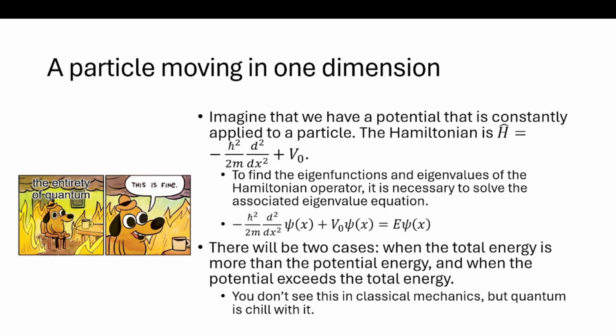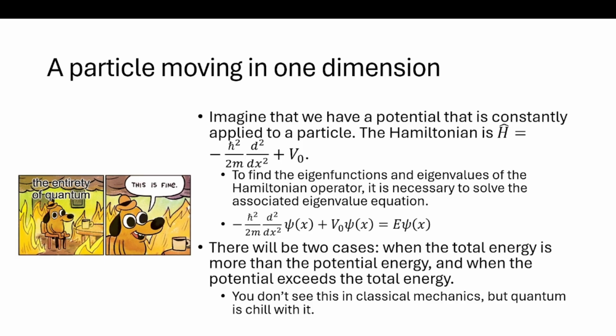When we're solving for this, there are going to be two cases. Remember what I said about the Hamiltonian operator: it's simply an operator that represents the sum of both kinetic and potential energy. We're going to get one case where our logic is perfectly fine, and in that case, the potential is less than the total energy. The potential always has to be less than or equal to the total energy; you can't exceed it.